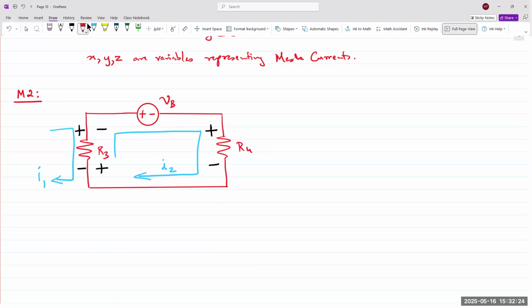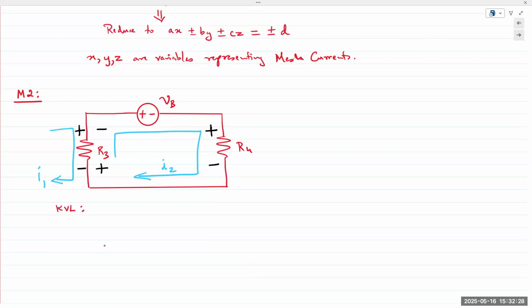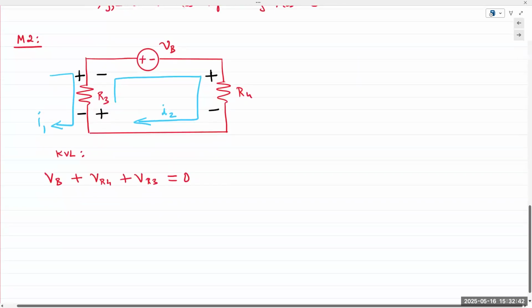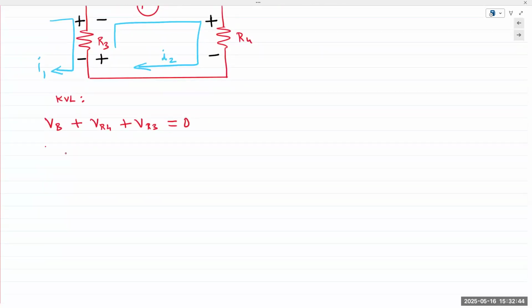So if I write the KVL expression for this, I get VB plus VR4 plus VR3 is equal to 0. VB stays as it is, of course.